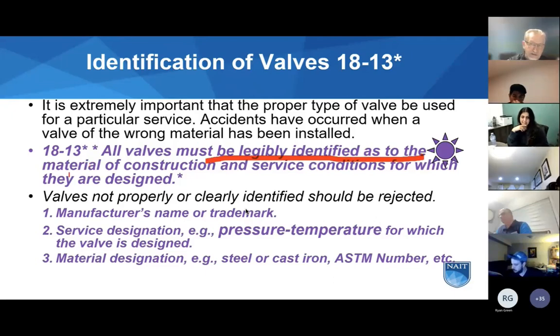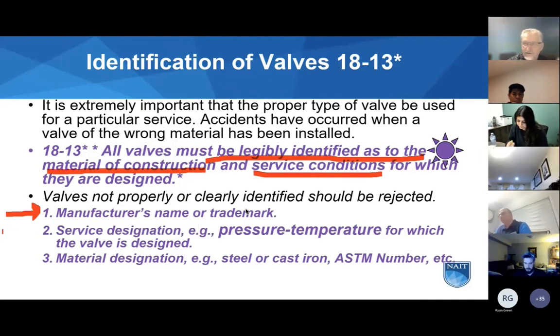There's going to be a list of three things: manufacturer's name or trademark, service conditions, and material of construction. Service designation means what pressure and what temperature it is designed or rated for.